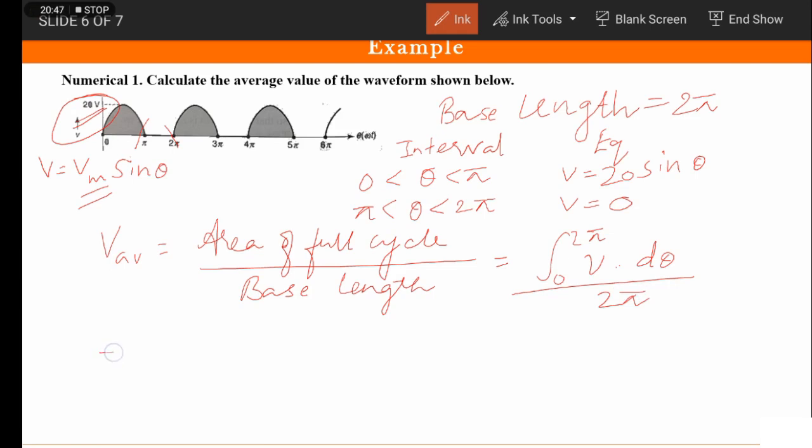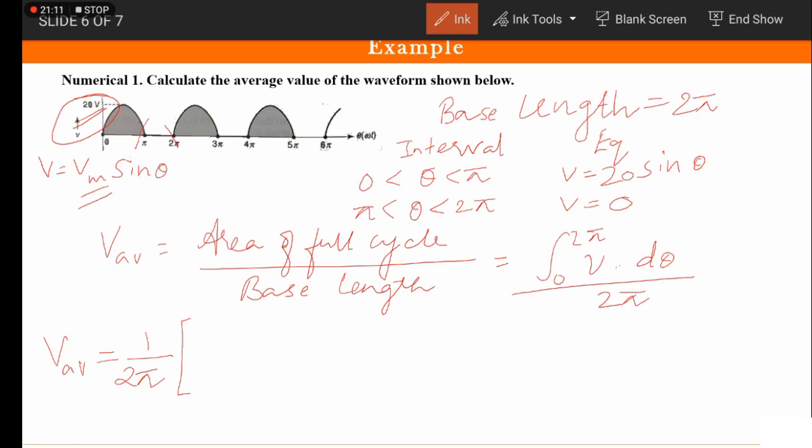The next step: V average is equal to, we are going to take 1 upon 2 pi out of this. Now, integration 0 to 2 pi with d theta, but we know that it does not have the same behavior from 0 to 2 pi.